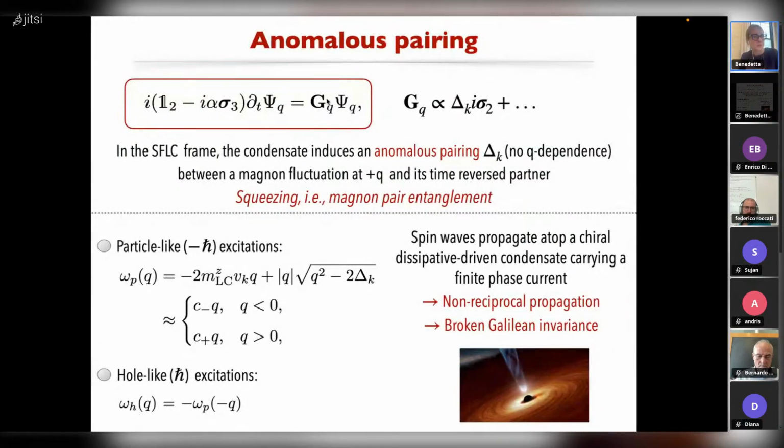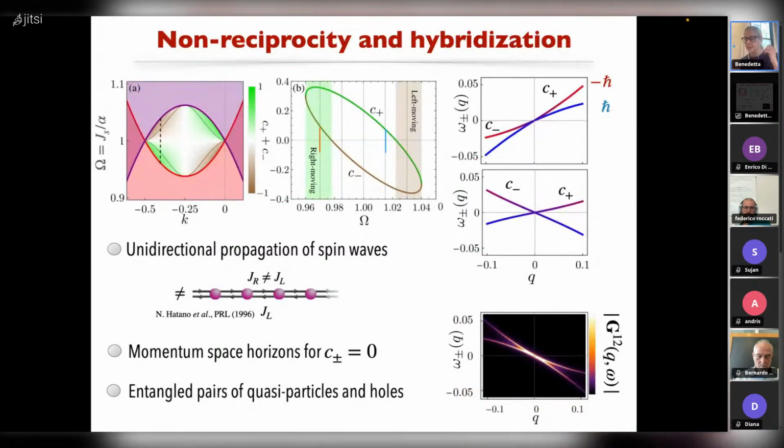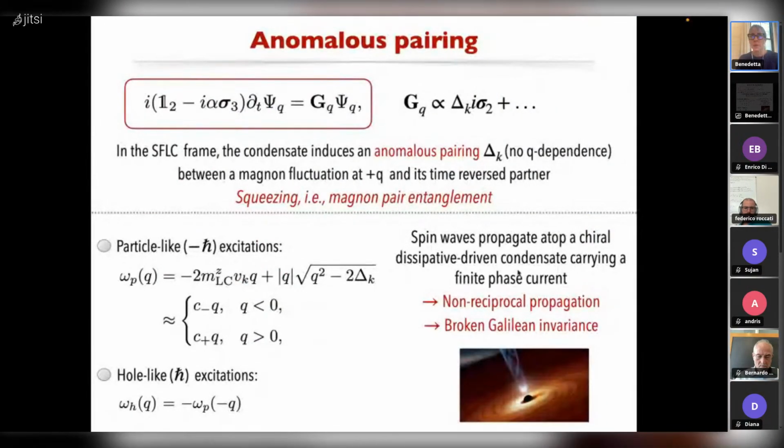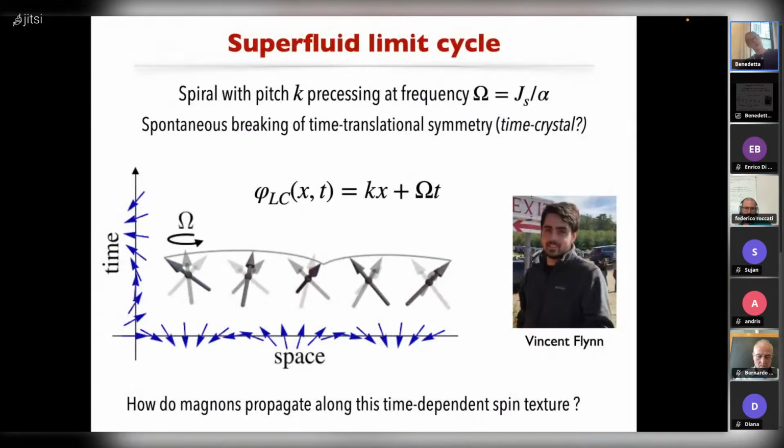Okay. Yeah, so there is definitely non-reciprocity, but it's emergent. It's because you fall into this background that breaks Galilean invariance. And maybe something that could make it more clear is that now we are looking at the magnon excitation on top of this superfluid spiral that precesses at this constant frequency.